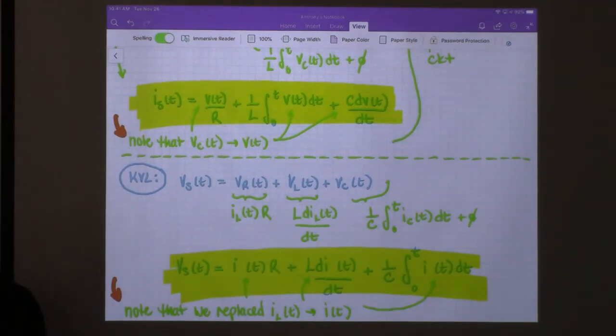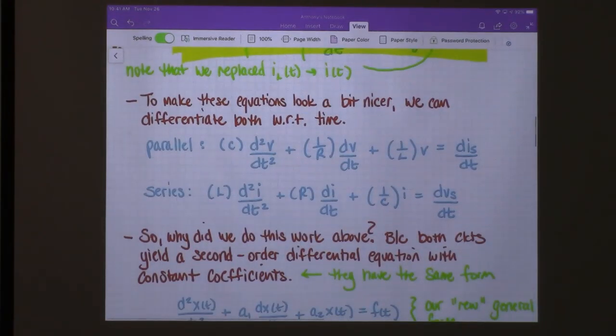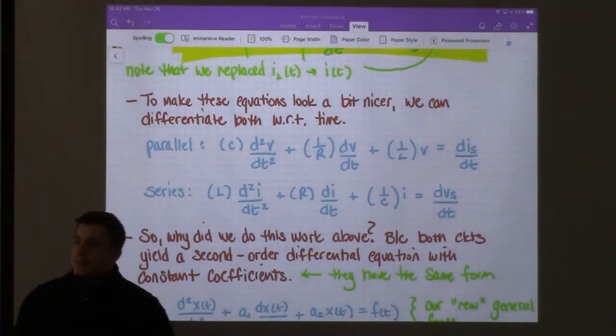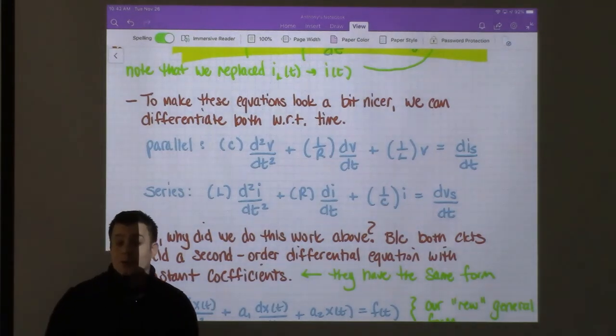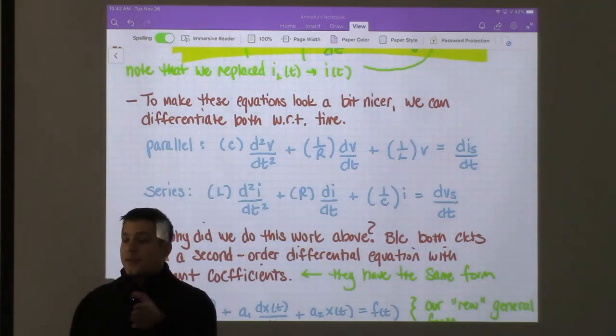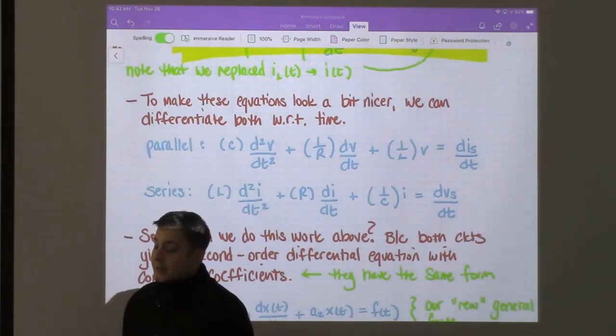The coefficients are going to be different, obviously, but the forms are exactly the same. And to make these equations look a little bit nicer, because integrals are harder to write, for these types of differential equations we tend to differentiate until everything is in terms of derivatives. Just a stylistic thing.